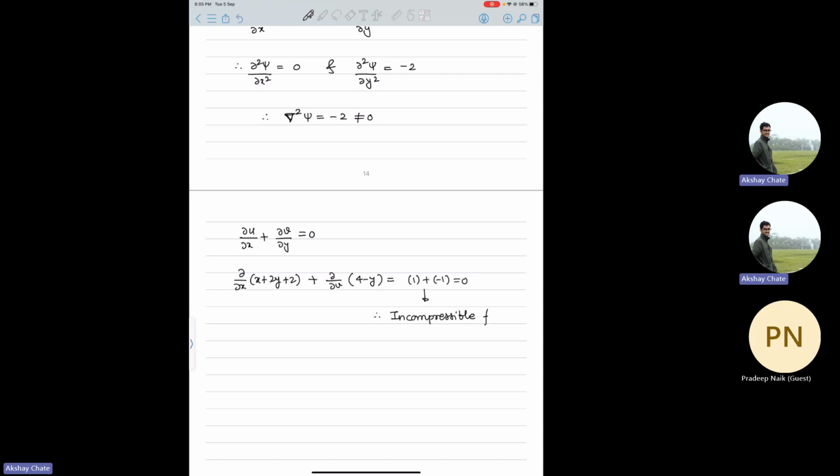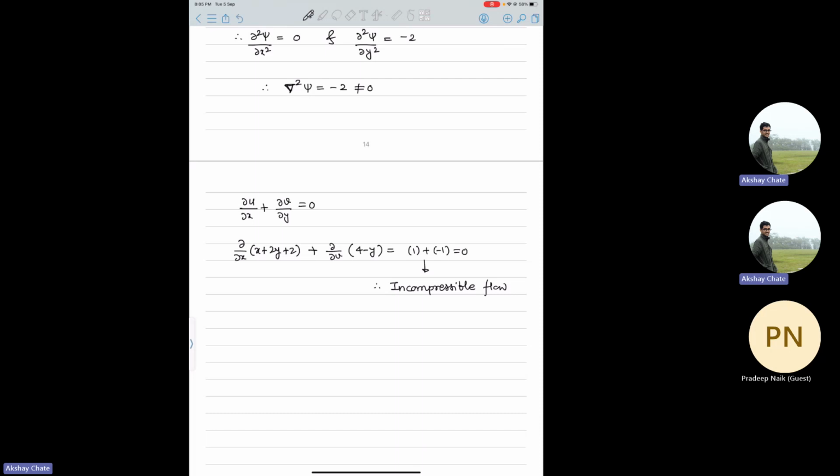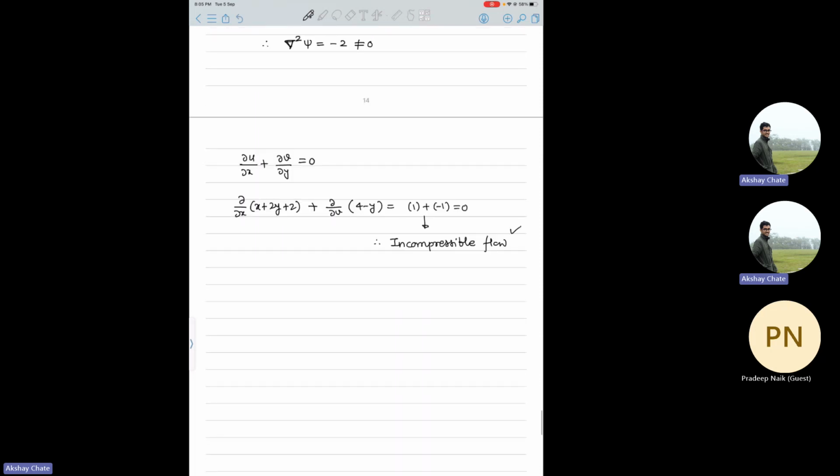Okay, just hold on. I think I understood what is wrong with this. Okay, so incompressible, that is correct. This has to be correct. Let's check the rotationality thing. What is the omega z formula?